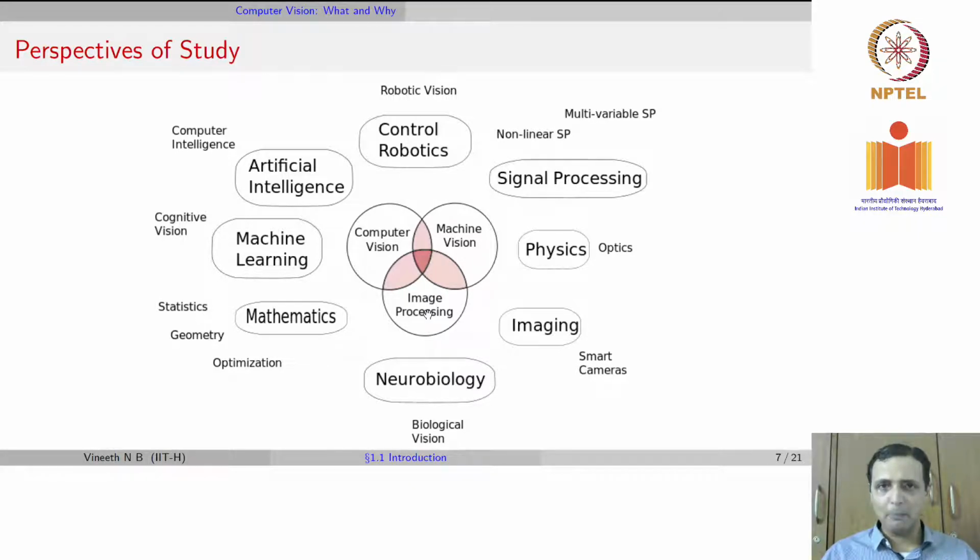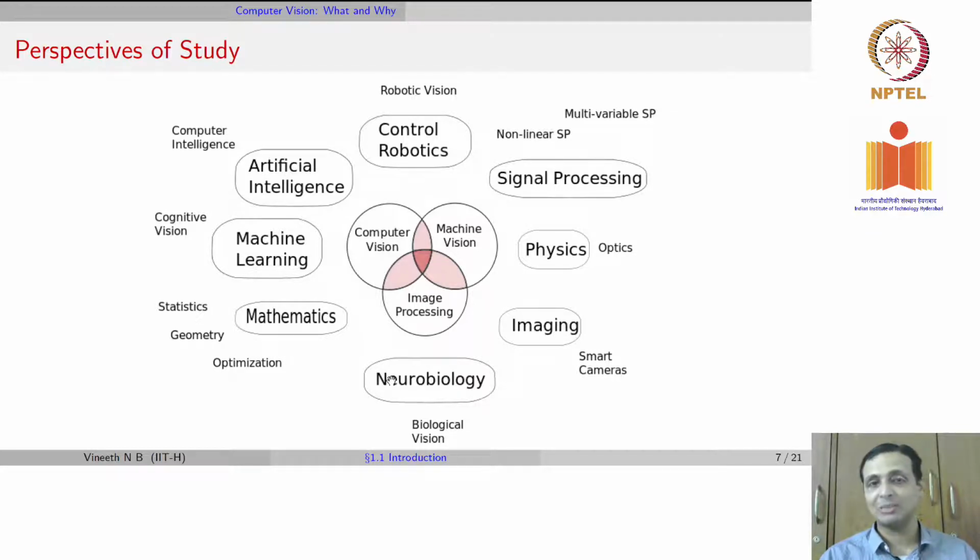So in terms of the various topics that are allied to computer vision, obviously artificial intelligence. Artificial intelligence is the larger realm, and computer vision forms one aspect of artificial intelligence at this time, although computer vision has other facets too. Machine learning, of course, a lot of the way computer vision problems are solved today is through machine learning methods. Mathematics, no surprise.